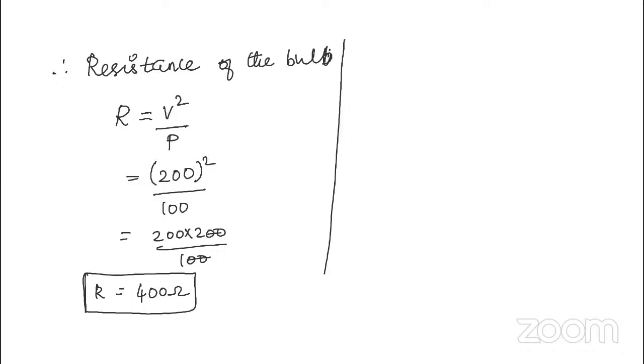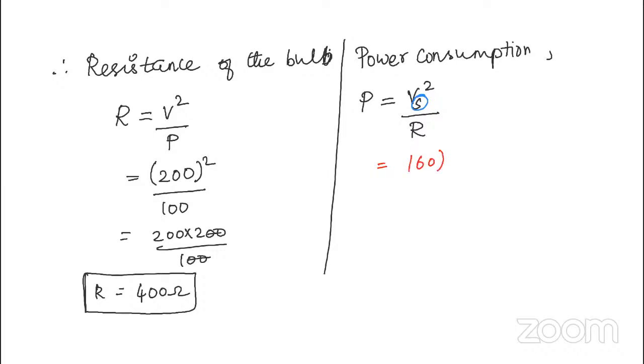Now they are asking the power consumption. To calculate the power consumption we need the supply voltage and the resistance value, so we use this formula: P is equal to Vs square divided by R. We have used the supply voltage in the formula instead of the normal voltage. The supply voltage is 160, and R is 400.